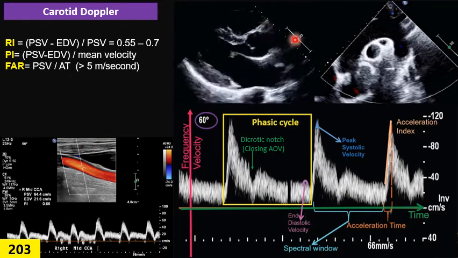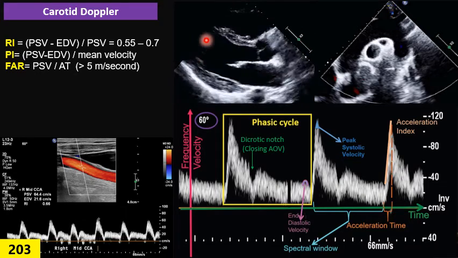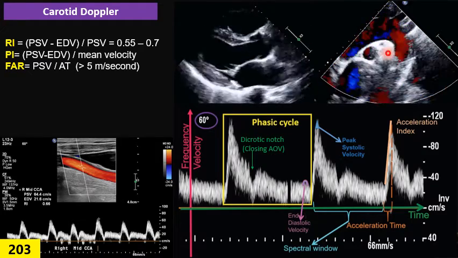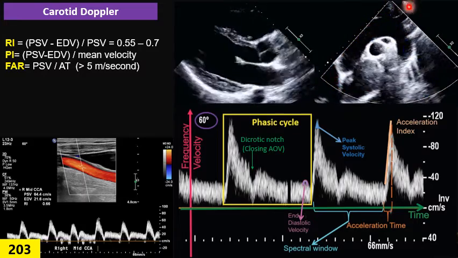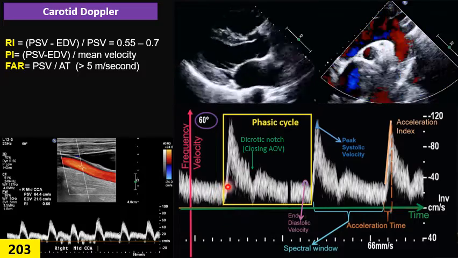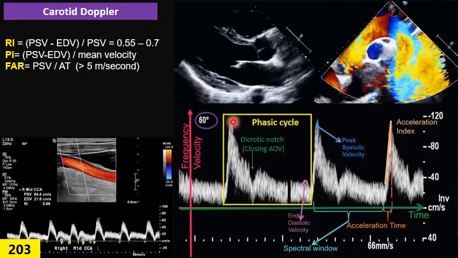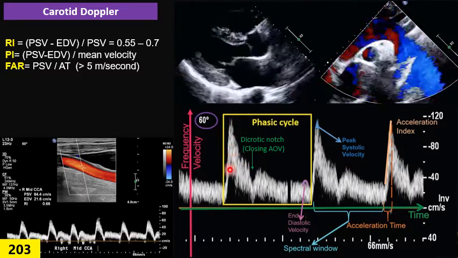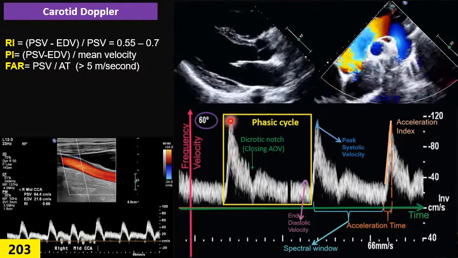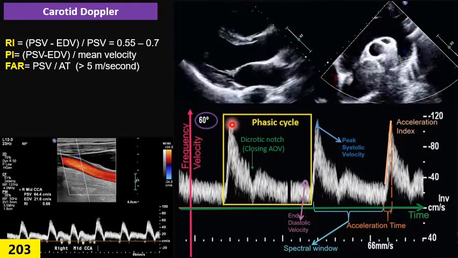As you know, during the cardiac cycle in systole, the left ventricle pumps blood toward the aorta, and from the aorta it finally goes to the carotid artery. As blood flows to the carotid, we see an upstroke deflection of spectral Doppler in the carotid, until the end of maximum systolic function, it gets to the highest point that we call peak systolic velocity.